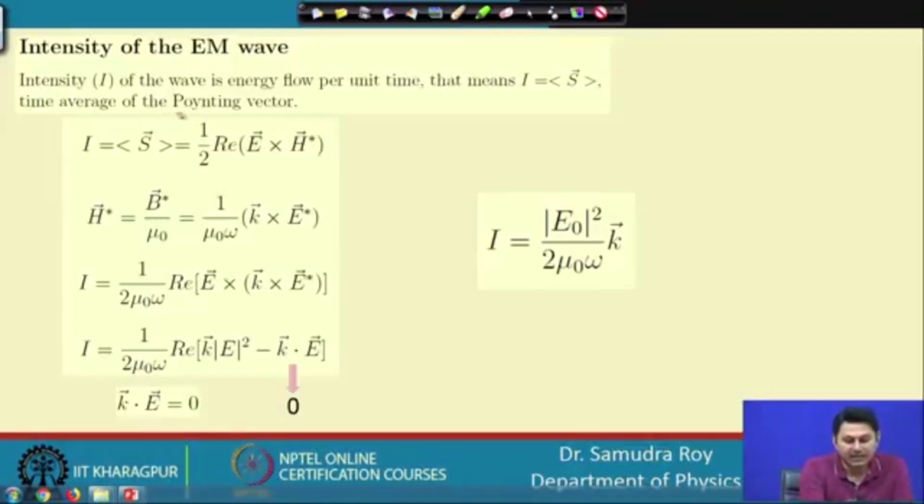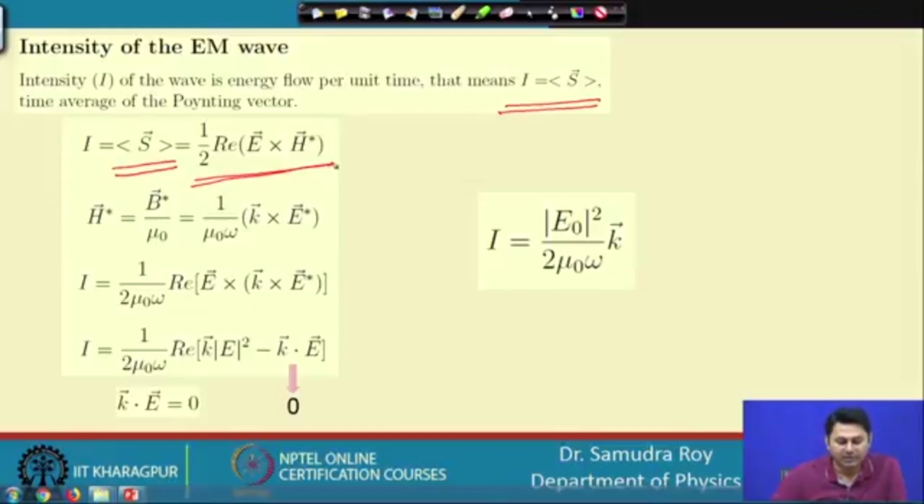The intensity I of the wave is the energy flow per unit time. That means I can write this in this way. This bracket says the time average of my Poynting vector, represented by the bracket of S. If I write it in a proper way, it should be the real part of E cross H, and because of the time average we have a half term here.